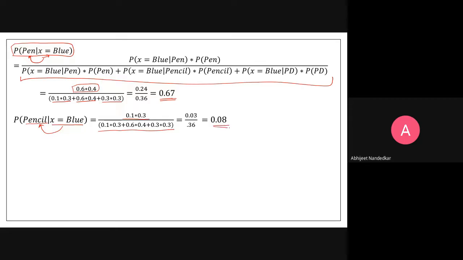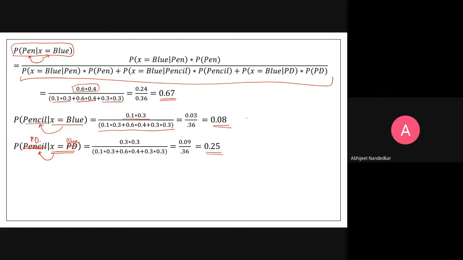Then you will see that this is 0.08. Then I go for the third category, that is pen drive. Given that the object is of blue color and it is a pen drive, calculation shows it is 0.25.